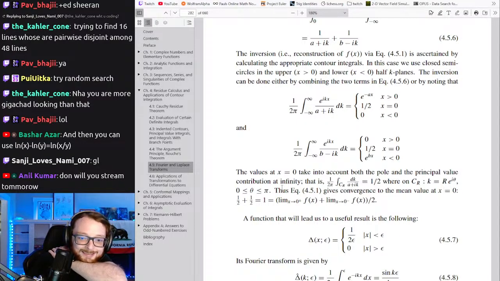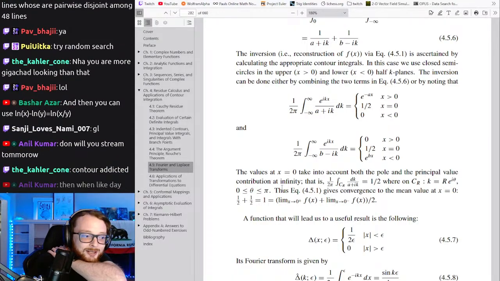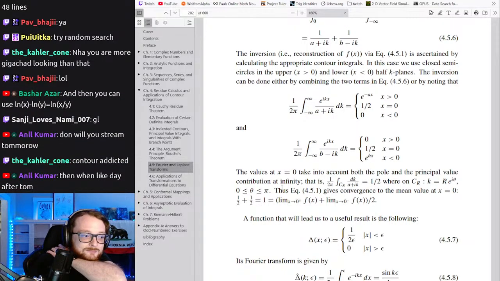I think I'm really beating this example to death, though. Contour addicted. Mm-hmm. Day after tomorrow, yeah.